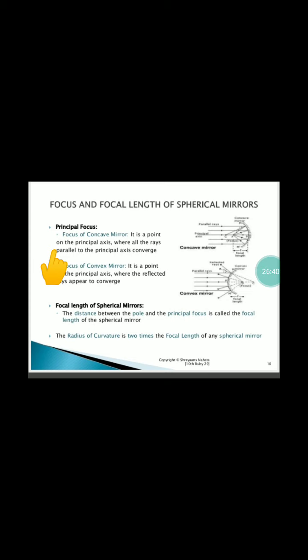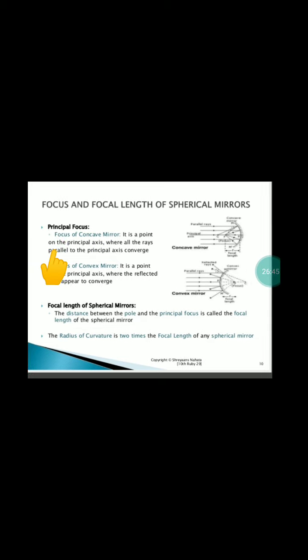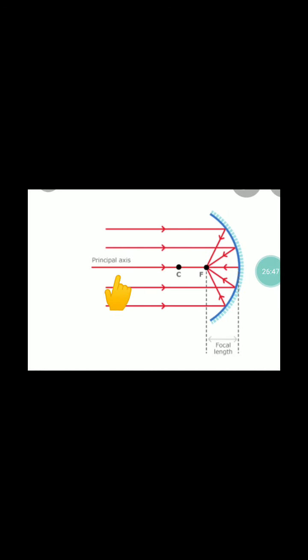Principal focus of a concave mirror is a point on the principal axis of the mirror at which the rays of light incident on the mirror in a direction parallel to the principal axis actually meet after reflection from the mirror.